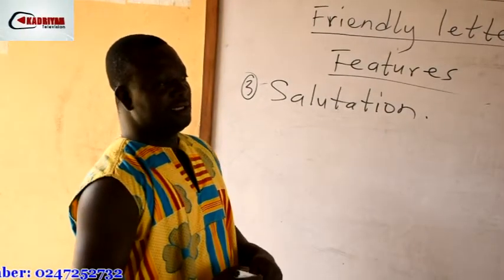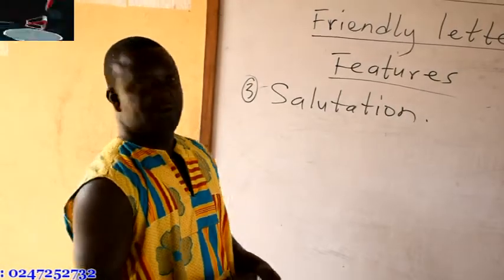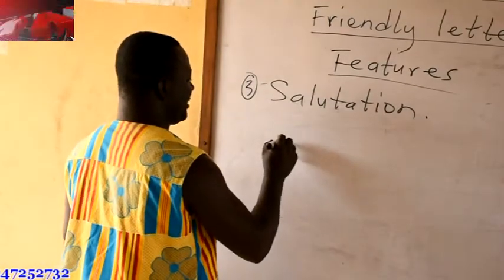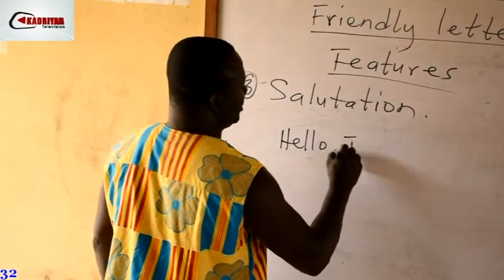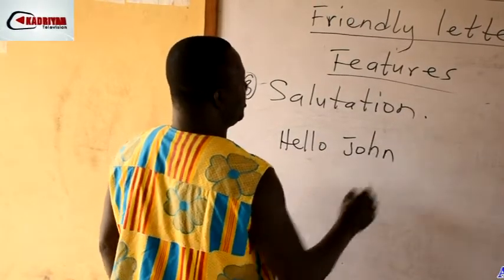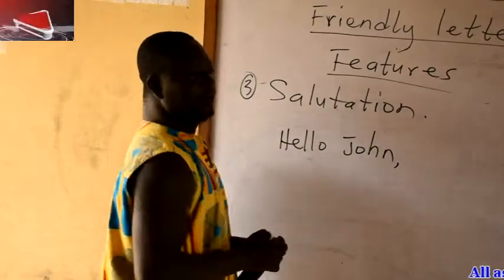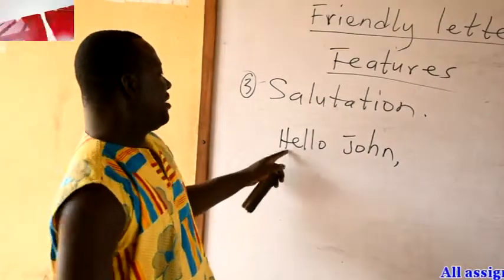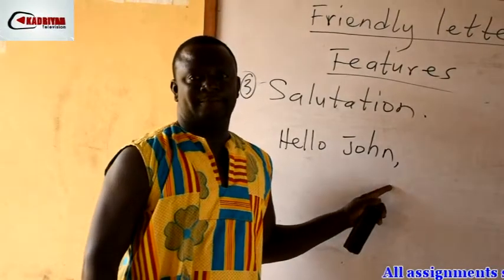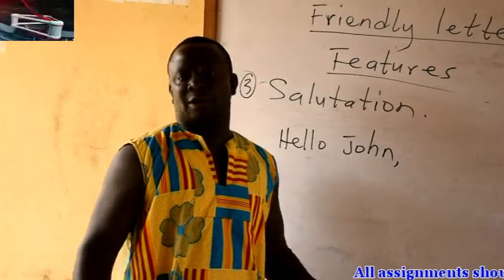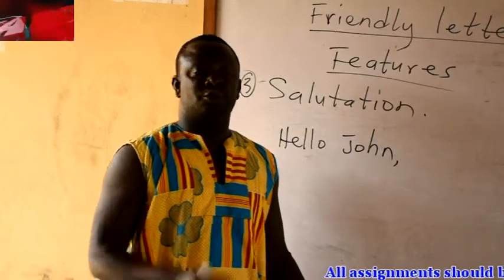It is like greetings. So you start, for example, Hello, John, comma. Always make sure after writing this, you bring your comma. If you don't bring it, it is wrong. They will mark you wrong. You will lose marks there.